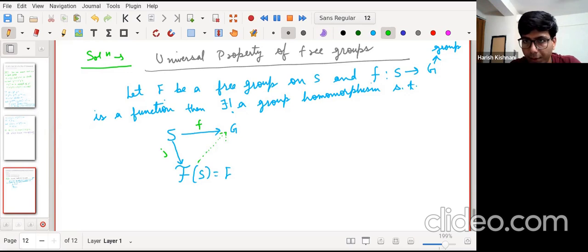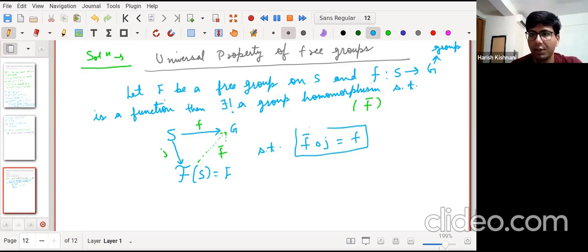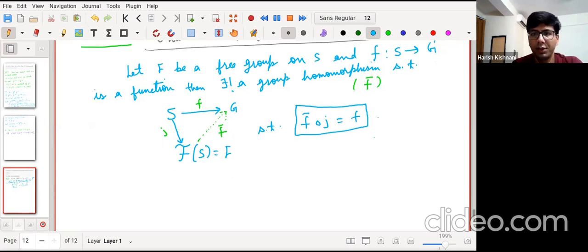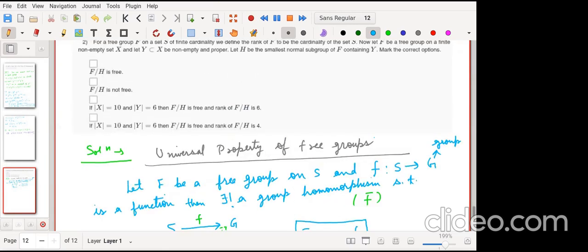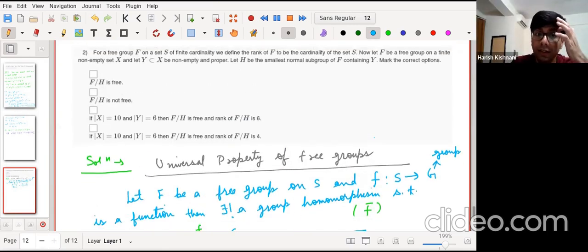Let it be denoted by f bar, because it will depend on your f, such that this diagram commutes. That is, f bar composed with J is f. This is the universal property of free groups. If you are following the lectures, you already know that.